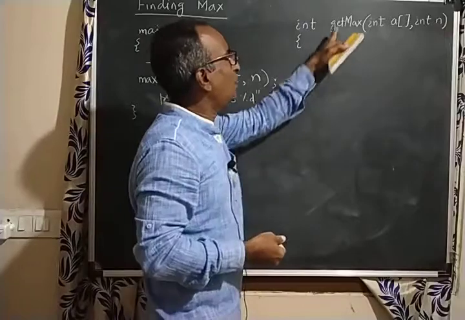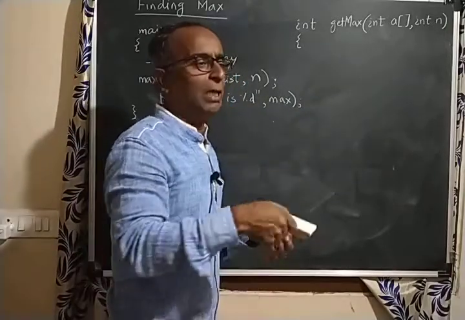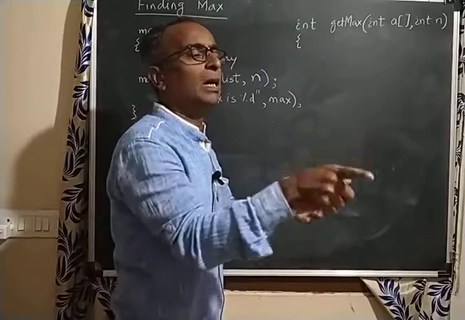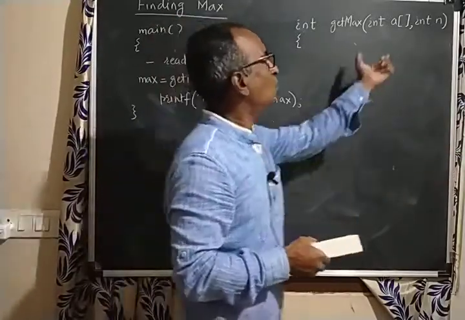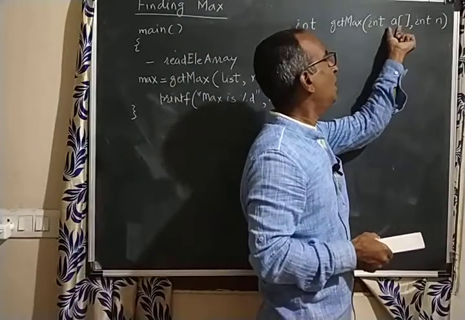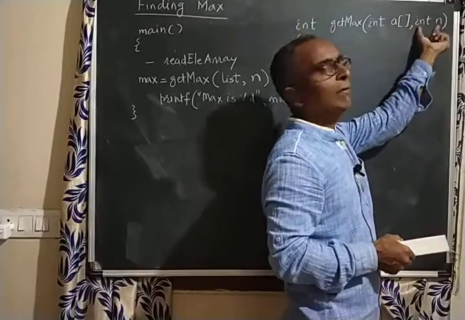Now what it means: somebody has called the function by giving the list, and you have some n elements in this list, find the max. So you have the list in a, and the number of elements.